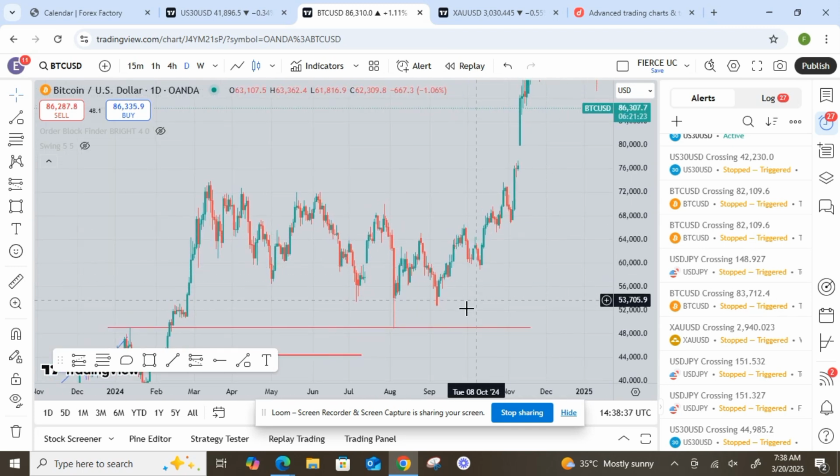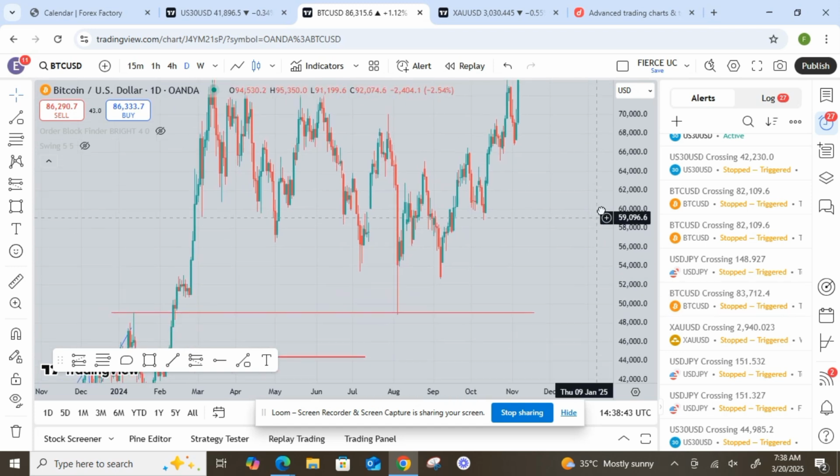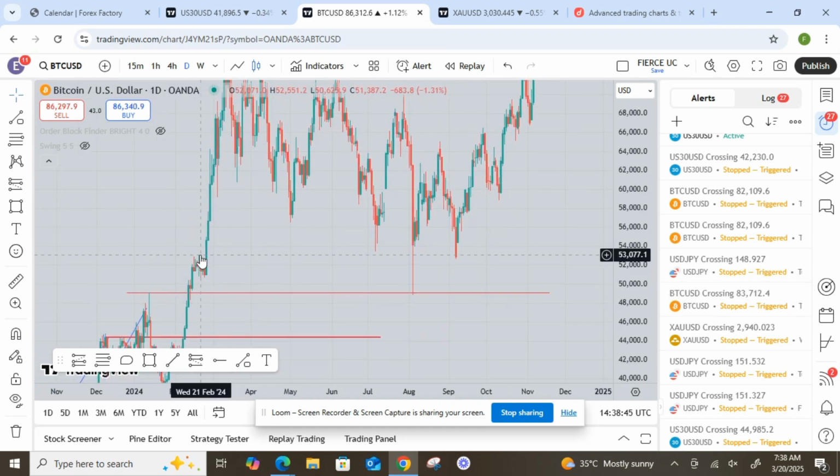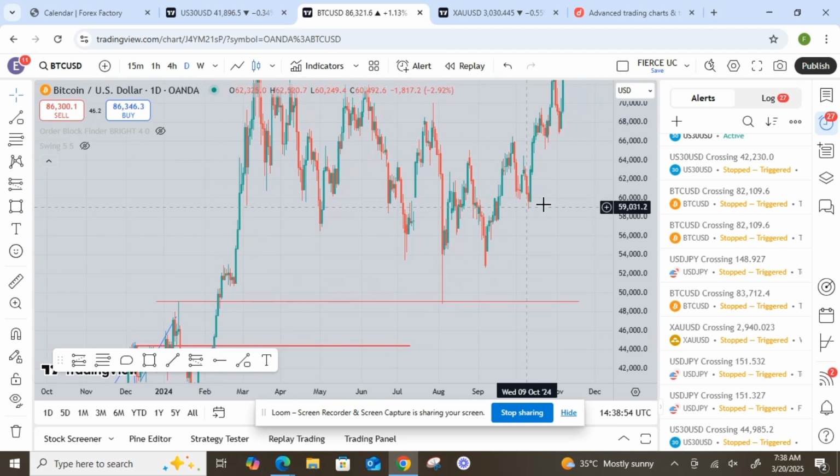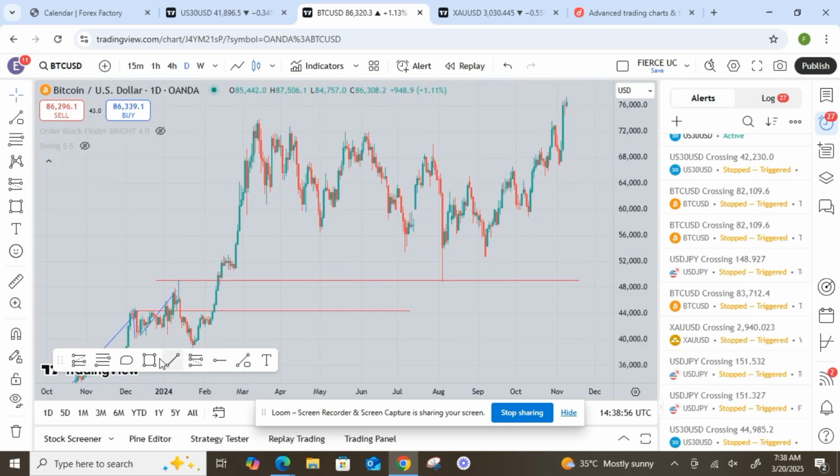So look now, it came down here, but this is a sharp movement. Don't forget here is still another previous high too. So let me highlight it. You draw your support from the previous highs, right?